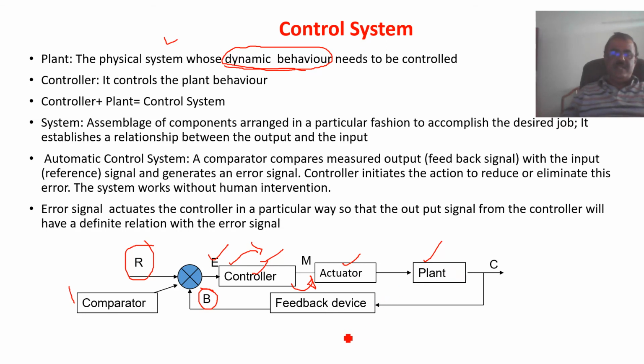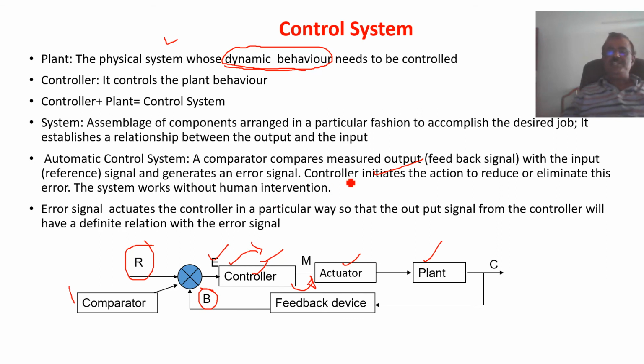Then there is a measuring device, the output measuring device, which we call the feedback device. Together you can call it an automatic system. A system is an assemblage of components arranged in a particular fashion to accomplish the desired job. It establishes a relationship between the output and the input. In an automatic control system, a comparator compares the measured output, that is the feedback signal, with the input, that is the reference signal, and generates an error signal.